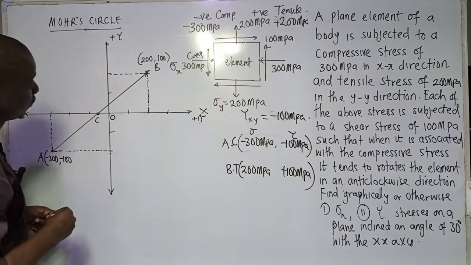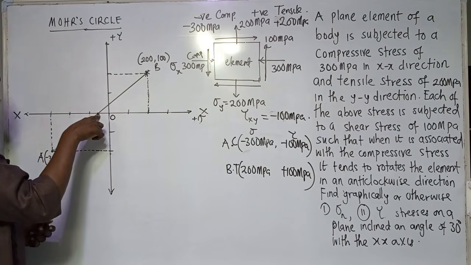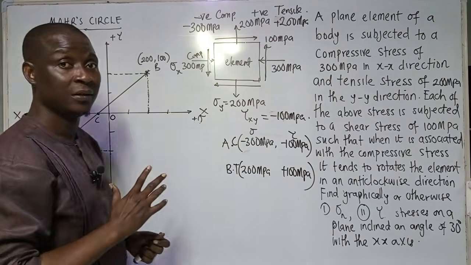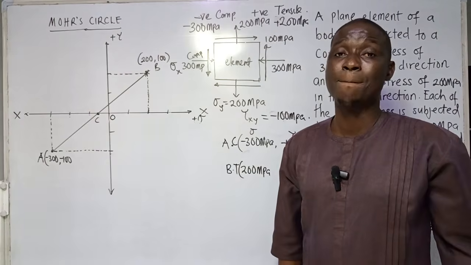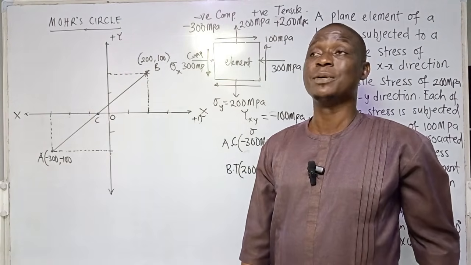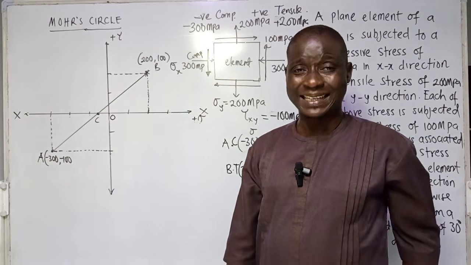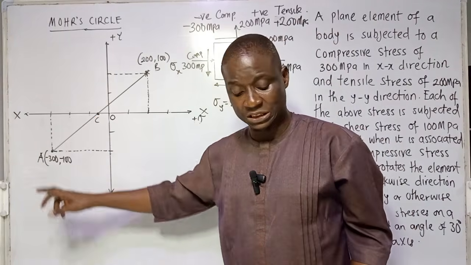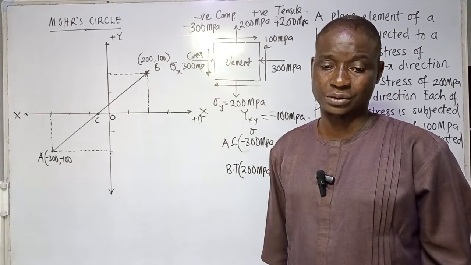So now we are going to take this as the center point of the Mohr circle we want to draw. That means from this point to this point should be the radius of the circle you want to sketch.